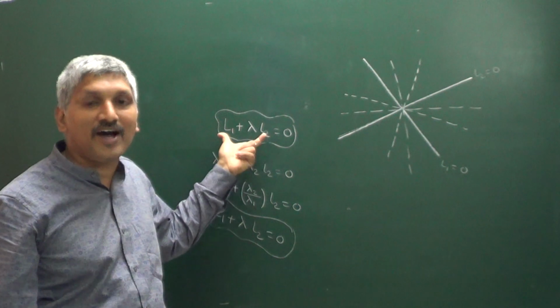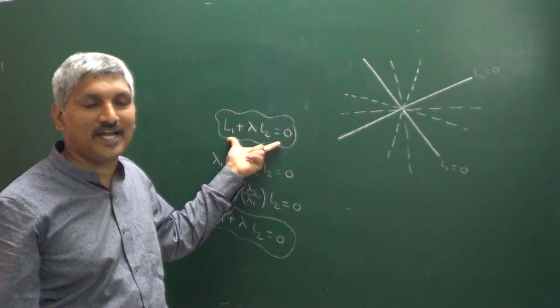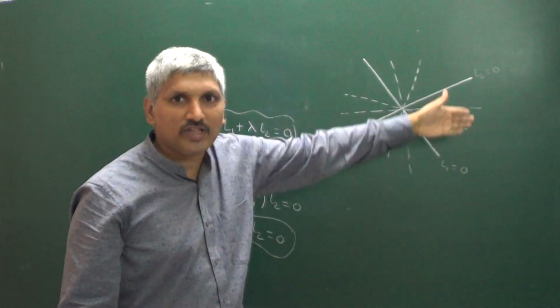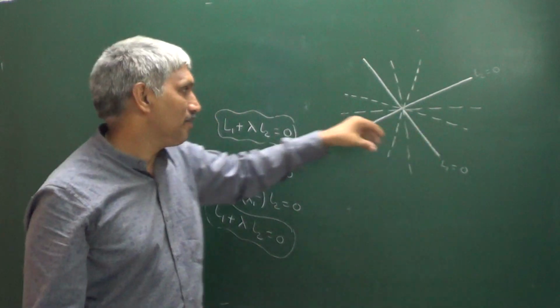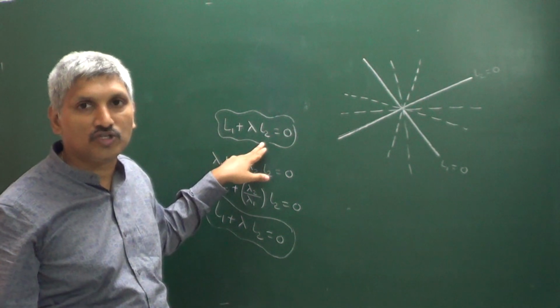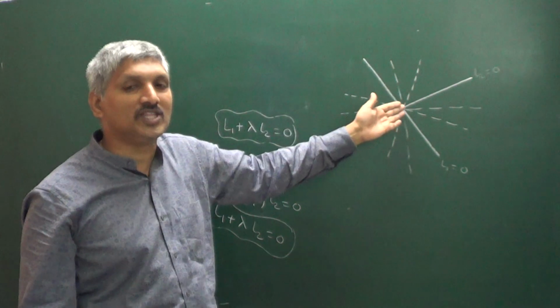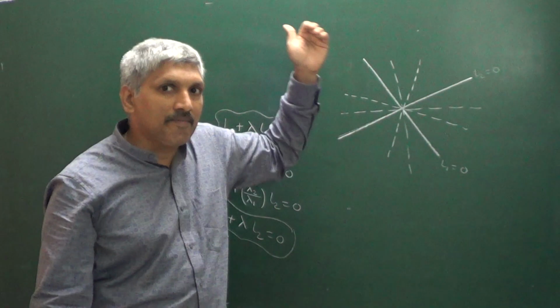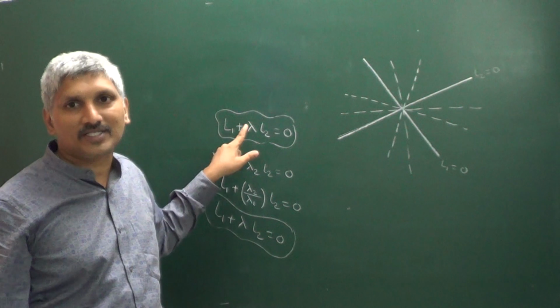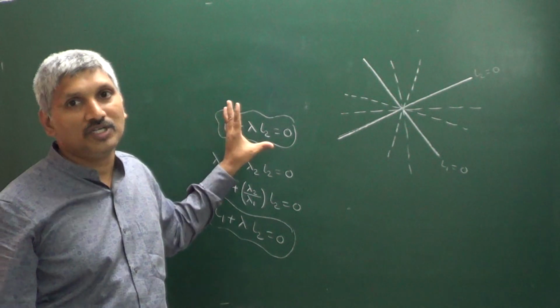L1 plus lambda L2 equals 0 represents the family of lines. That means every member in this family is of this form, L1 plus lambda L2 equals 0.